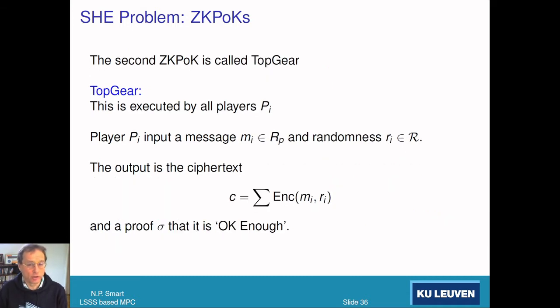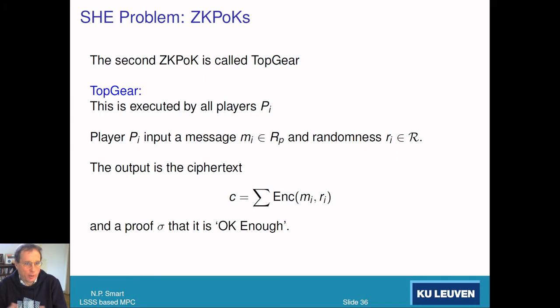The other thing we can do is another type of proof, which is a multi-party proof, because all players are going to have to encrypt ciphertexts. So instead of executing the simple zero knowledge proof n times, we can produce a joint proof that the sum of all our ciphertexts is okay. This is called TopGear. What does this zero knowledge proof actually do? Each player has a message and a randomness, and they put that into the pot.